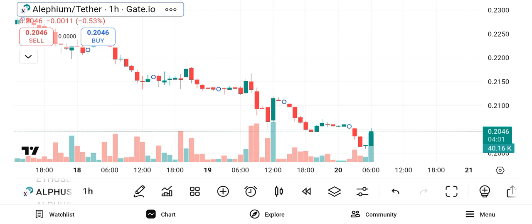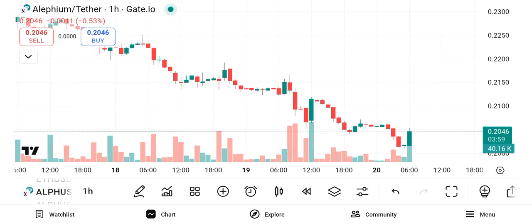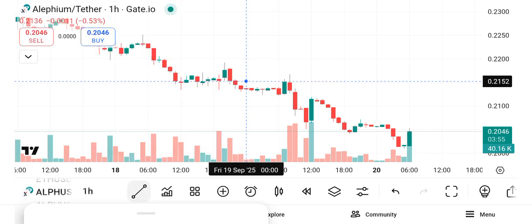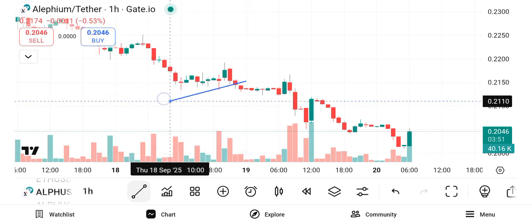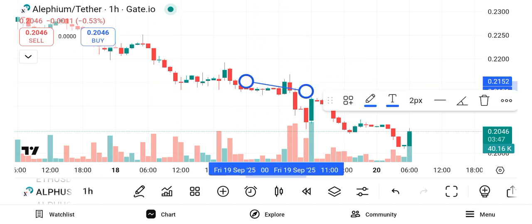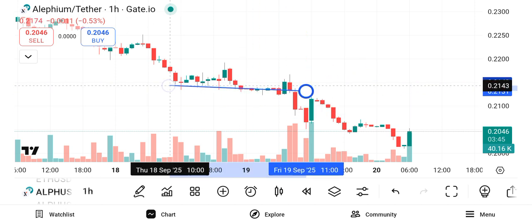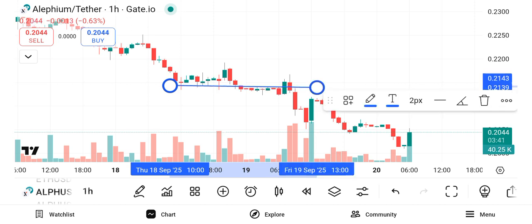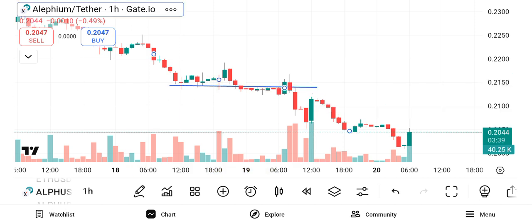If we look at this support line, you find that the market broke this support that is here, and the price rallied down to this point where we created a new support.